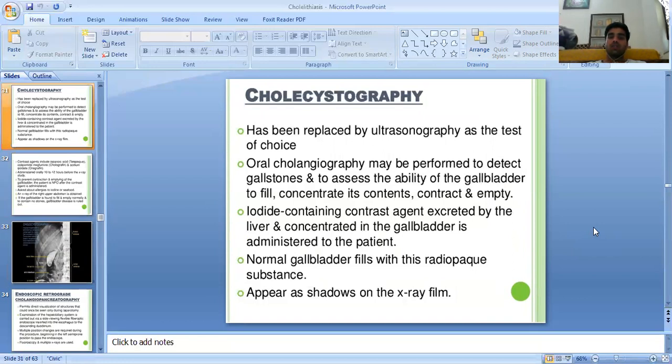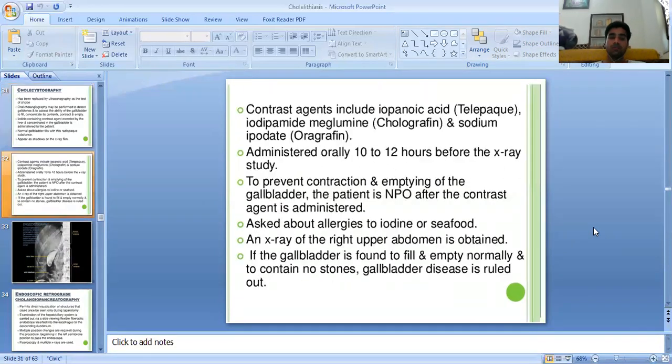Oral cholecystography may be performed to detect gallstones and to assess the ability of the gallbladder to fill, concentrate, contract and empty. An iodine-containing contrast agent, excreted by the liver and concentrated in the gallbladder, is administered to the patient. A normal gallbladder filled with this radio-opaque substance appears as a shadow on the X-ray film.